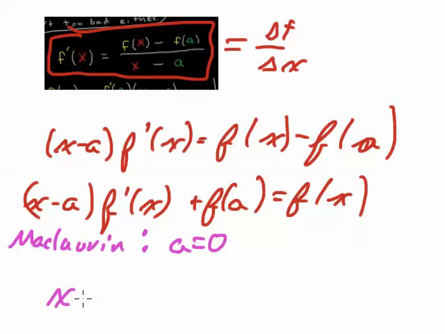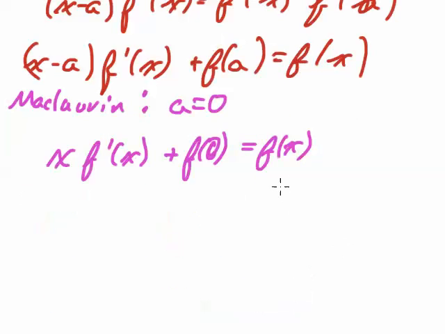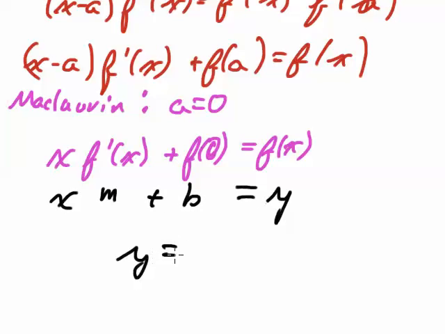So this would become x times f prime of x plus f of 0 equals f of x, which is more familiarly known as y equals mx plus b. That's the slope-intercept form of the equation for a line.